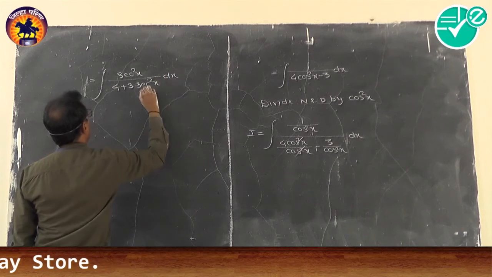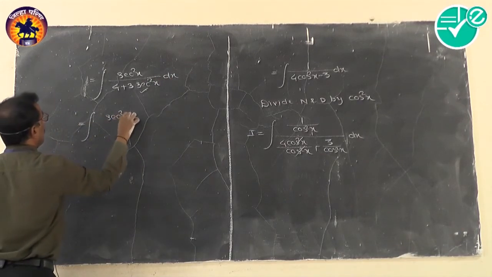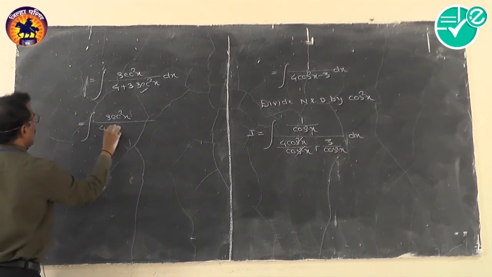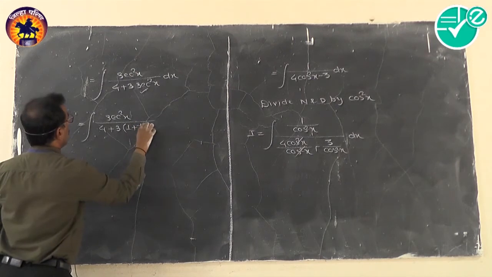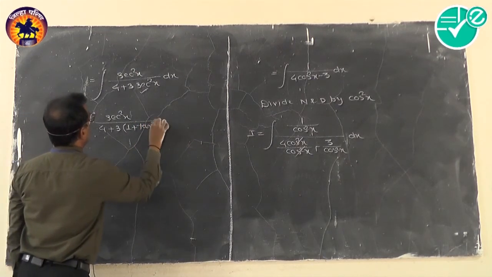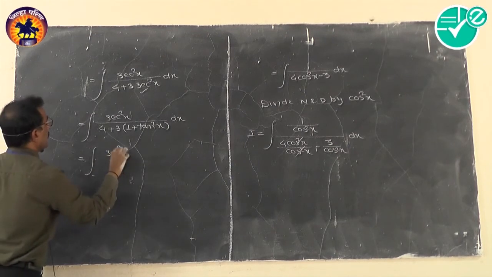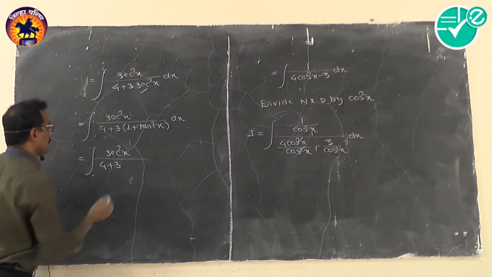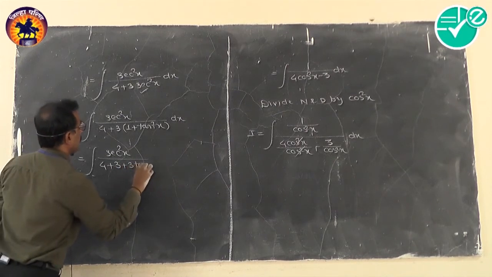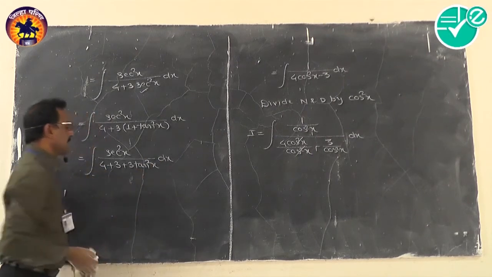Now it is your prime duty to replace this sec square x by 1 plus tan square x, and then dx. I think this problem is very straight. The numerator is sec square x upon 4 plus 3 ones are 3 plus 3 tan square x, and in that dx.